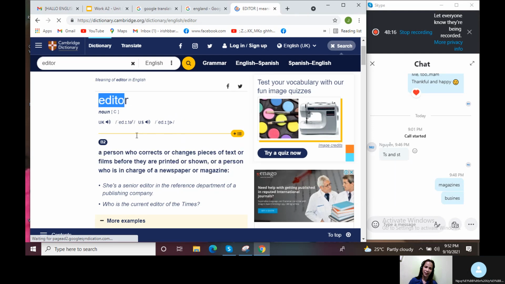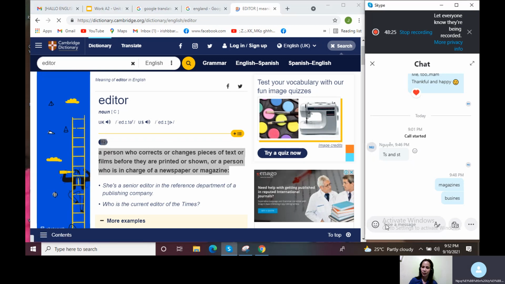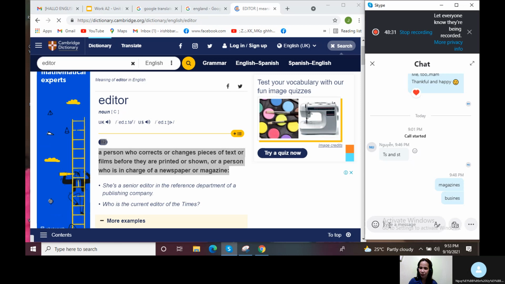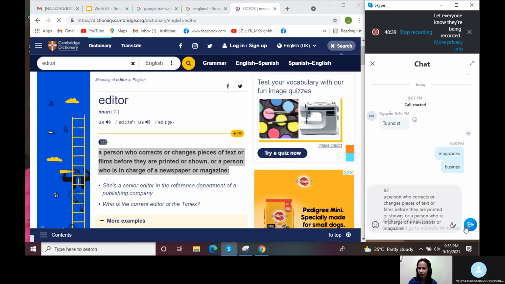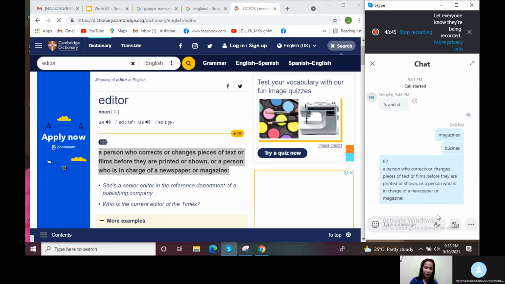This is the meaning of editor. Okay, that is the editor.